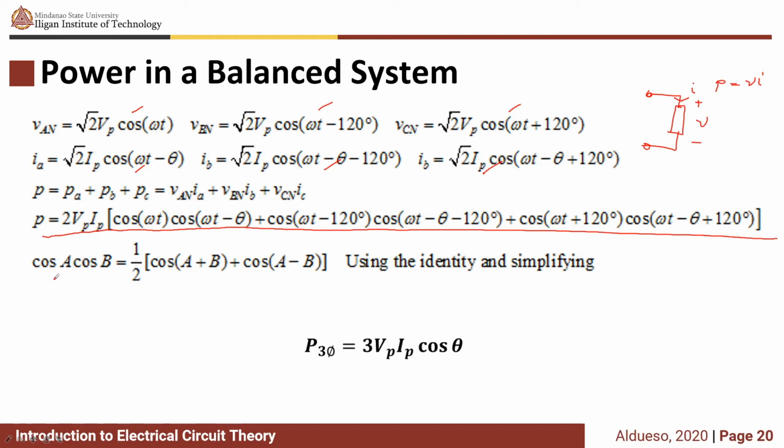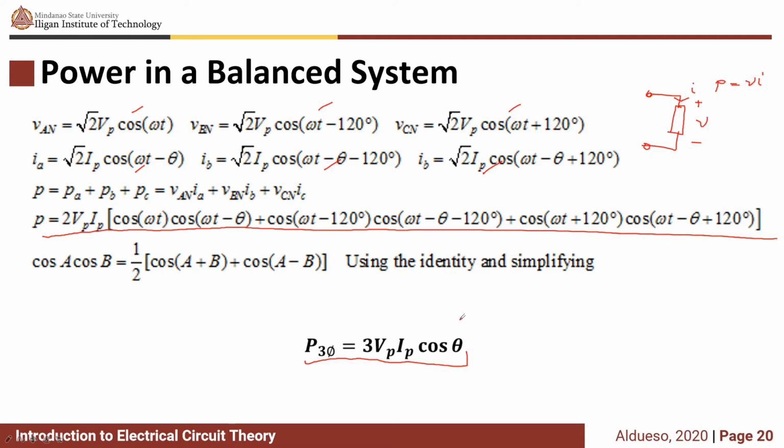Then, using the identity and simplifying, we will get the power in a balanced system equivalent to this value, which is 3 times the phase voltage times the phase current times cosine of theta.